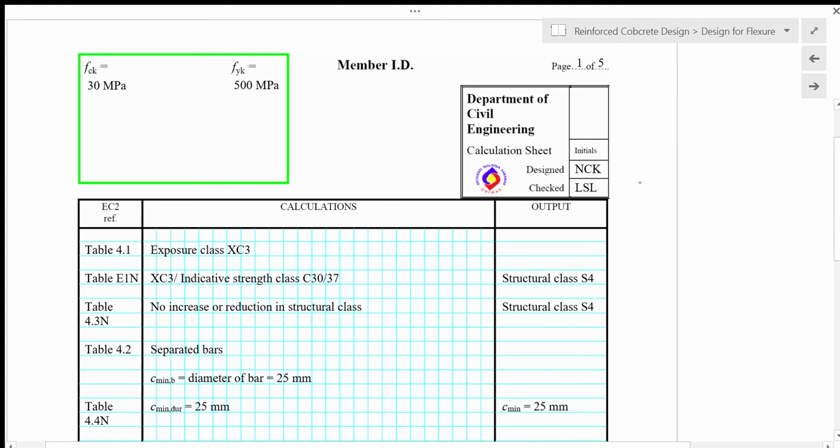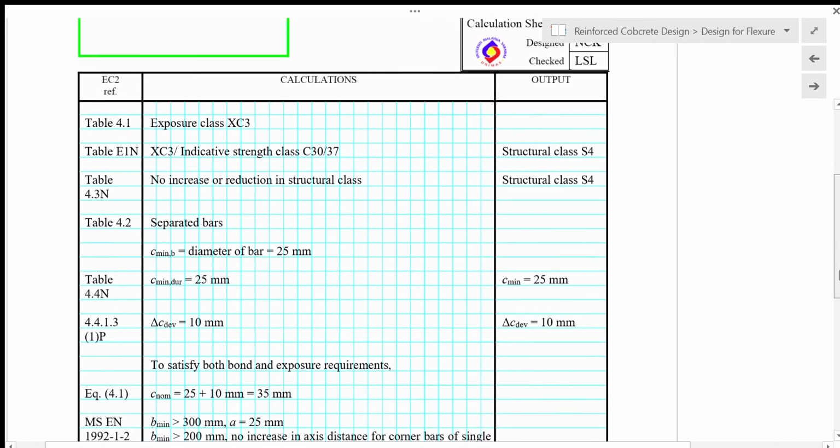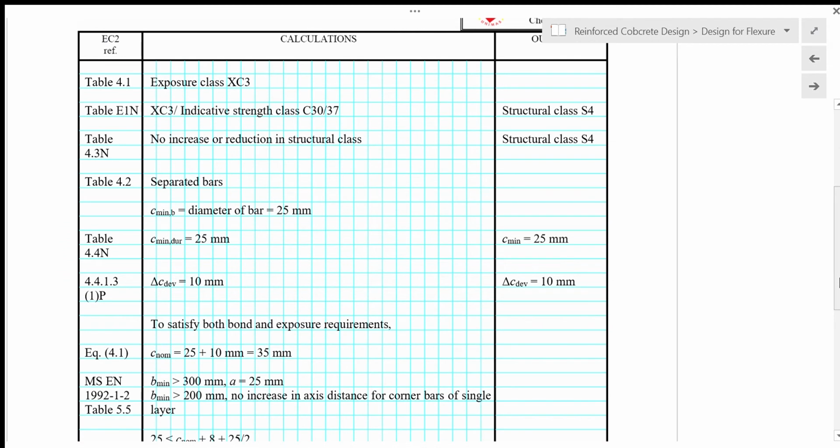Alright, and then on the left here we have one column which is the reference to Eurocode 2, and then the middle column we have the calculations, and then on the right hand column we have output.